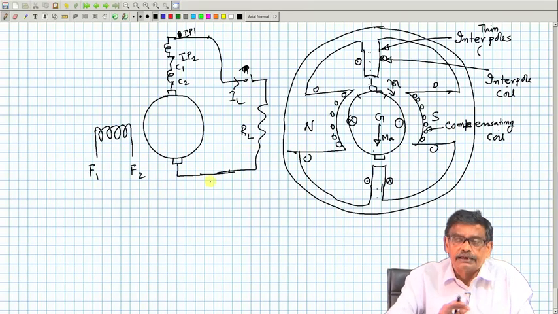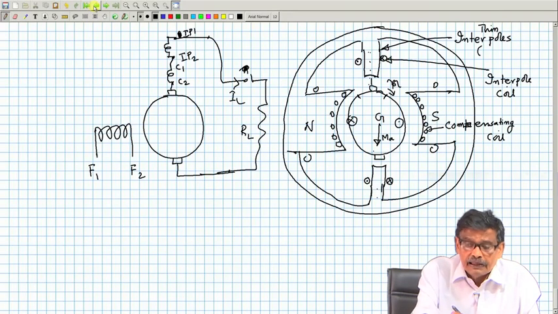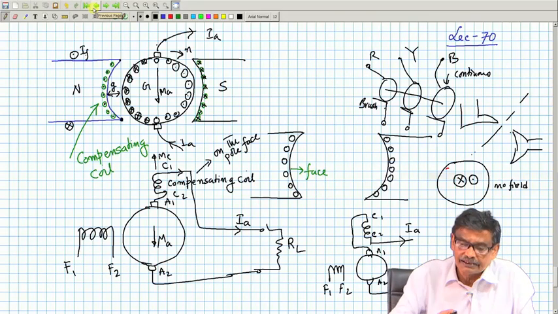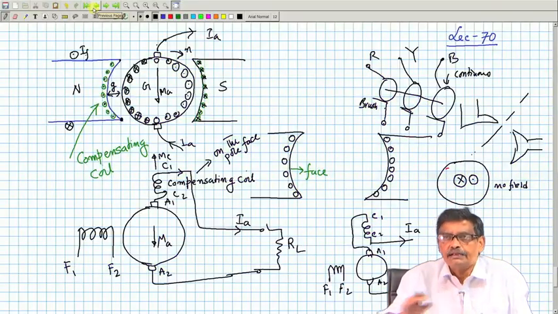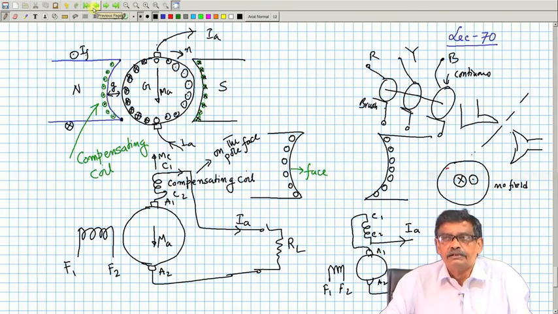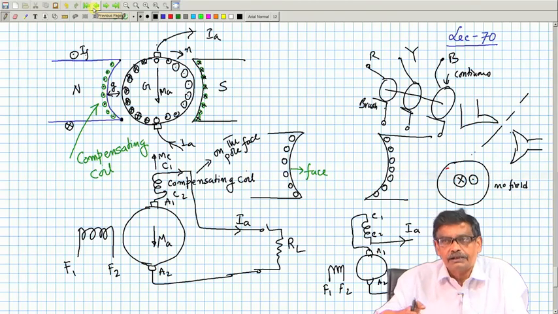These two coils are to be connected in order to avoid the armature reaction effect. That is what we have discussed today, and in our following lectures I will sketch this armature MMF in space, how it looks, field flux in space, superimpose them, and the same thing whatever I have got here will be obtained there.